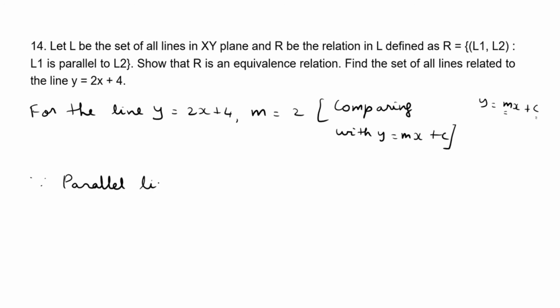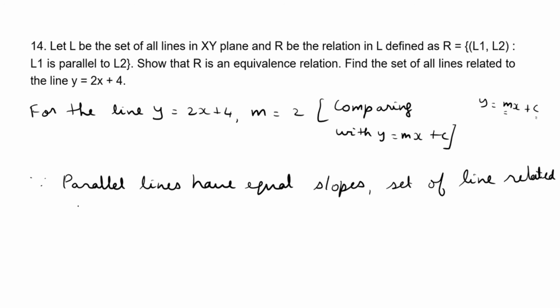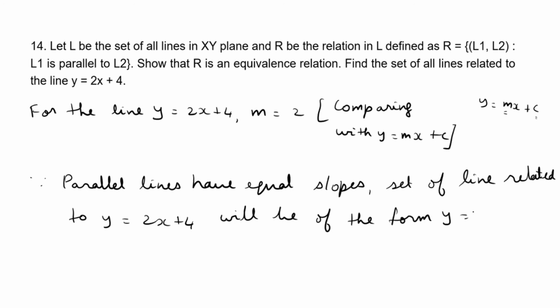Since parallel lines have equal slopes, the set of lines related to y = 2x + 4 will be of the form y = 2x + c.